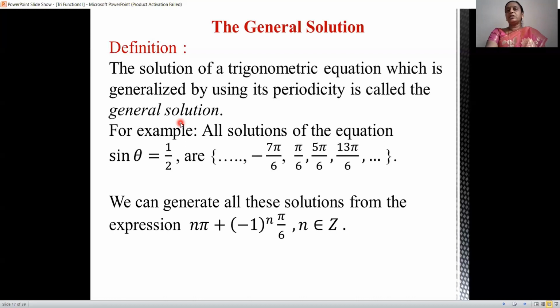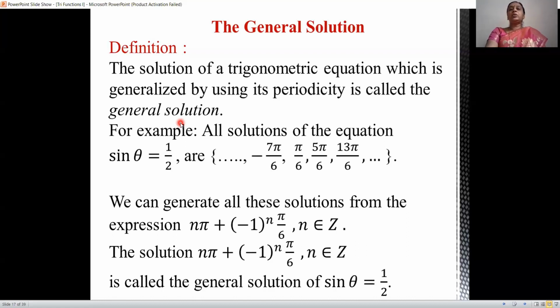N belongs to Z means n takes values on your number line: 0, plus 1, minus 1, plus 2, minus 2, and all that. Now, the solution n pi plus minus 1 raised to n into pi by 6, n belongs to Z, is called the general solution for sin theta is equal to half.